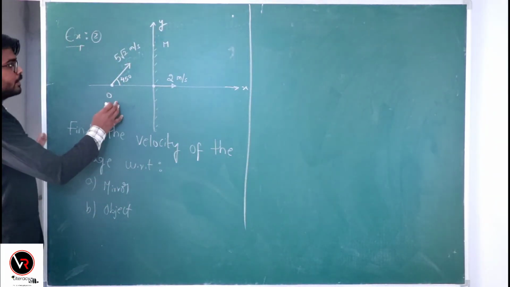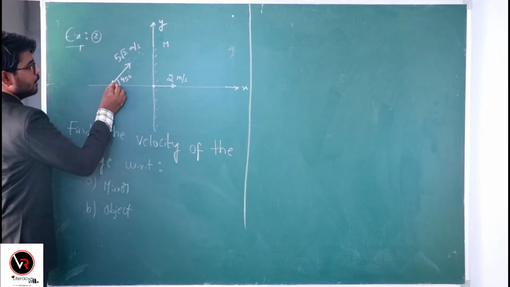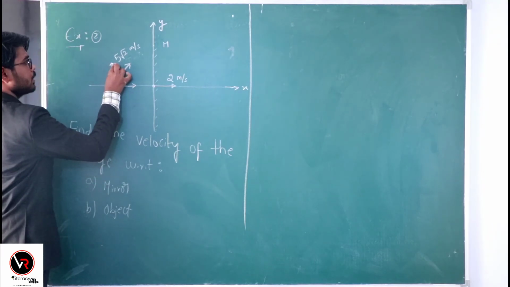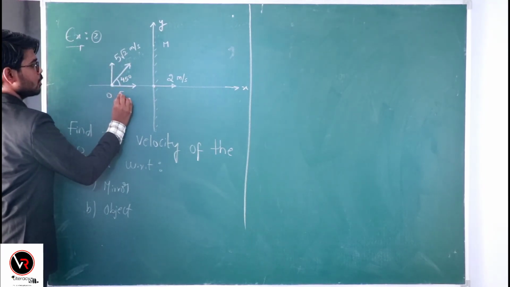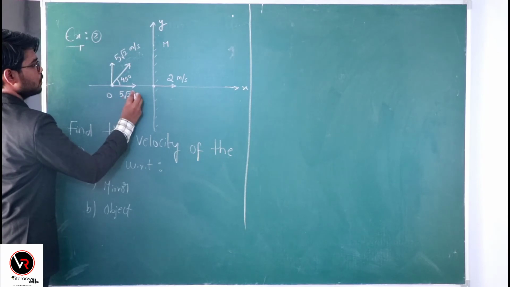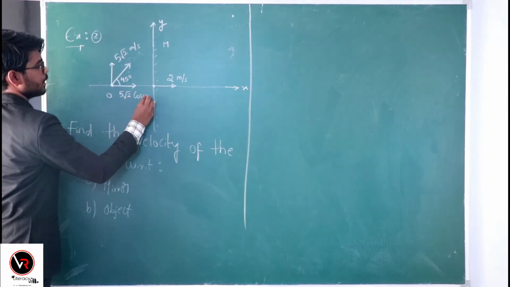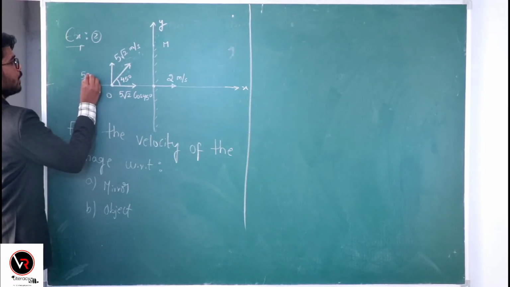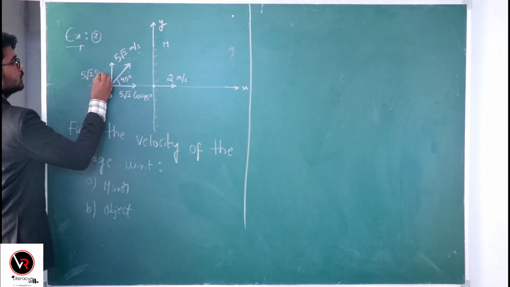All of you look at the figure. See, we can resolve this velocity into two components. One is the horizontal component, another one is the vertical component. So this horizontal component is 5 root 2 cos 45, and this vertical component is 5 root 2 sin 45.